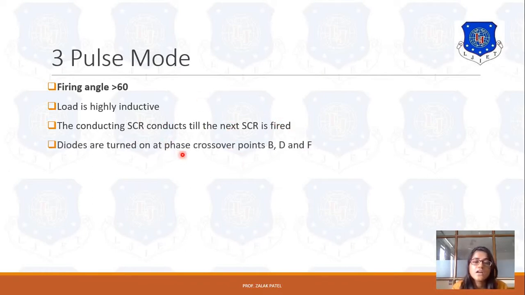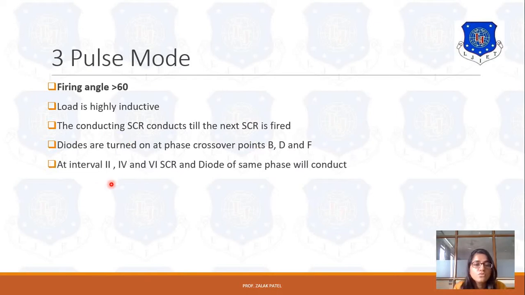Here diodes are turned on at the phase crossover points D, E and F. So in the waveform we will see that at points D, E and F, diodes D1, D2 and D3 cross the level from positive to negative and negative to positive. We will discuss this in the waveform.